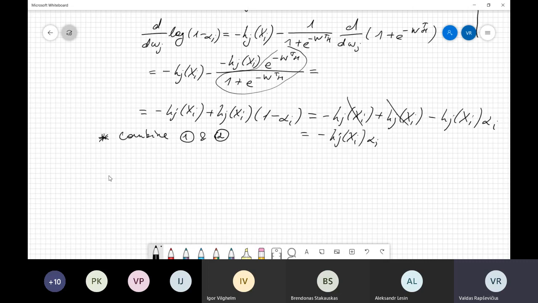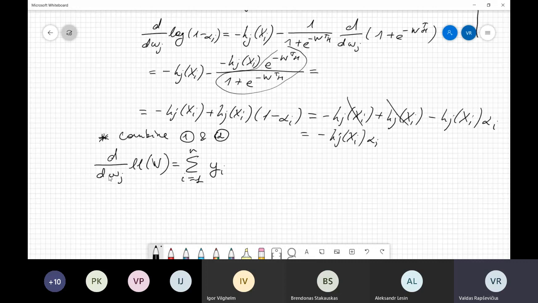Okay, so our final derivative with respect to weight j, one of the weights, in the log likelihood function for the given weights, equals the sum over all our values. And now we have the identity function.